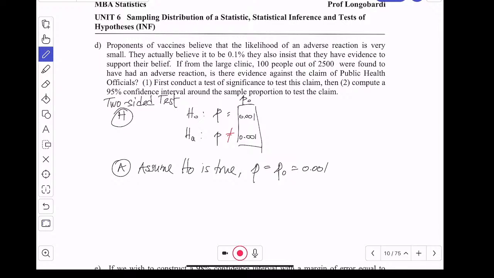If that's true, then it's also true that the sample proportion is approximately normally distributed with a mean of 0.001 and a standard deviation of that. So we need to put that together.